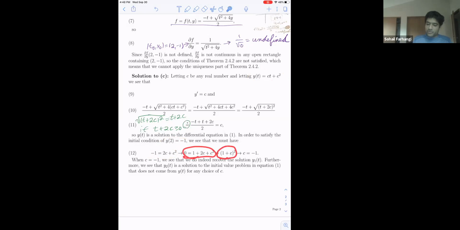Notice that this turns into 1 plus c squared. So the only time a square is equal to 0 is if the thing you're squaring is 0. So c plus 1 is 0, which means that c is negative 1. And that verifies everything that we wanted to verify for part C.